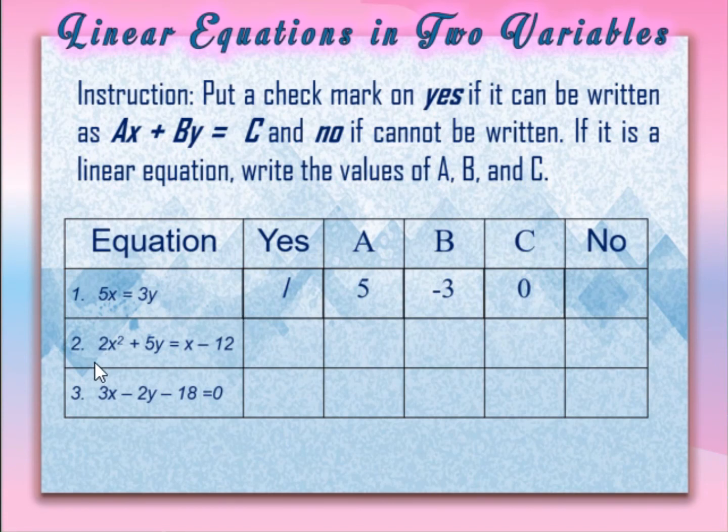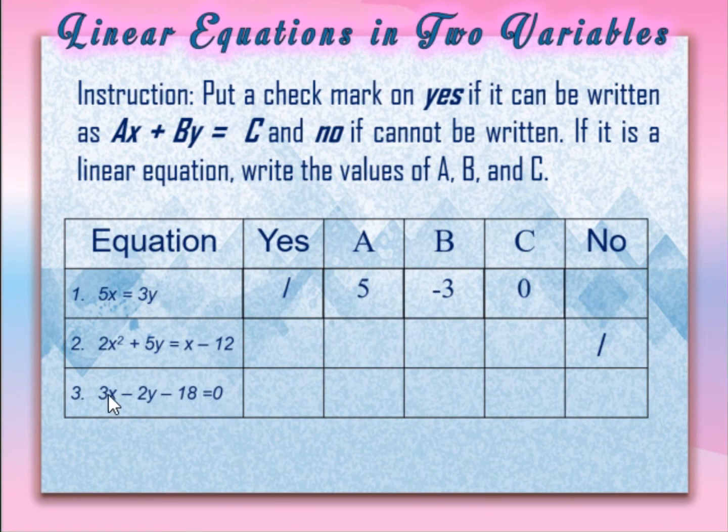For our second example, 2x squared plus 5y is equal to x minus 12. Observing the given, the highest exponent of x is 2. From there, we can conclude that this is not a linear equation. Third example, 3x minus 2y minus 18 is equal to 0.